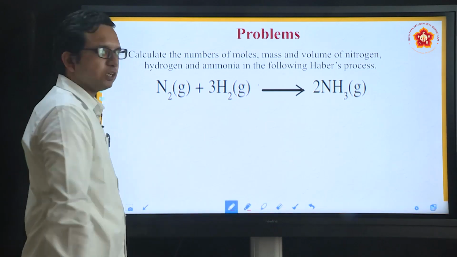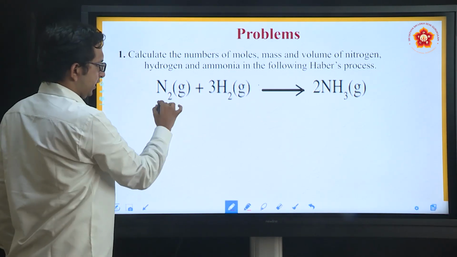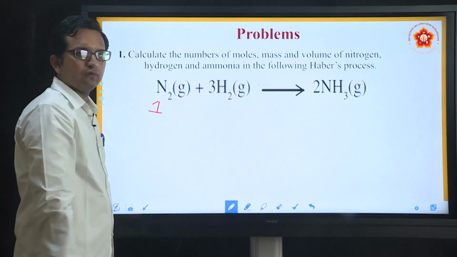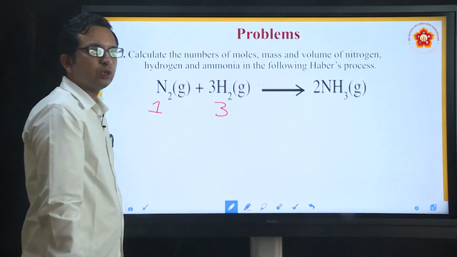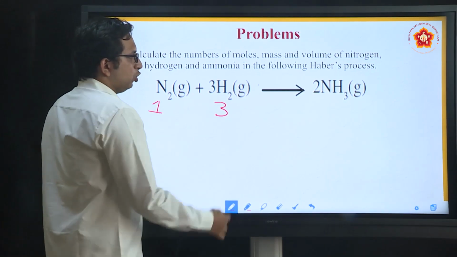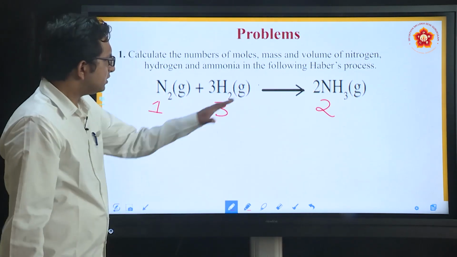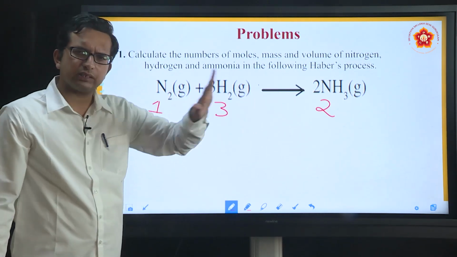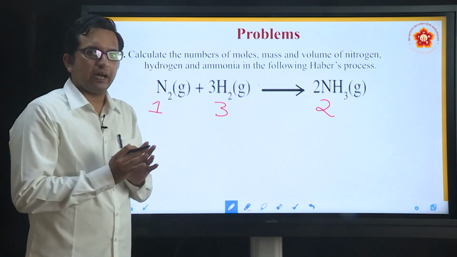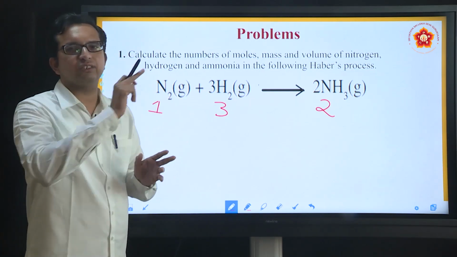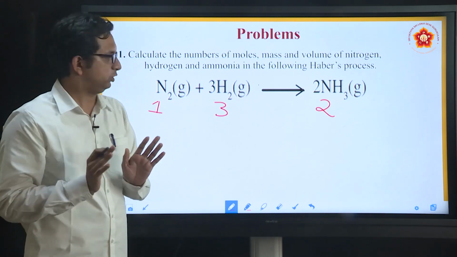We can understand from this reaction straightforwardly that 1 mole of nitrogen gas is treated with 3 moles of hydrogen gas to obtain 2 moles of ammonia. This is crystal clear in the reaction itself, and we know very well now that reactions should be balanced in nature, and that is when we can come across this mole concept here.